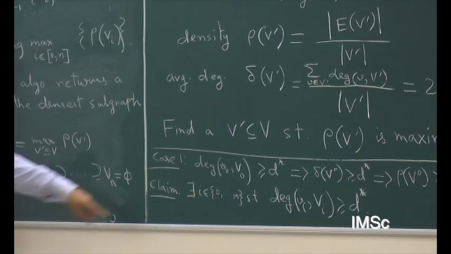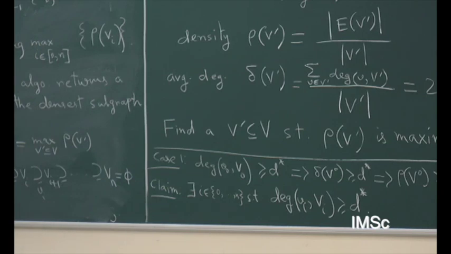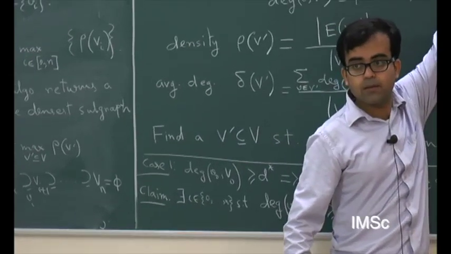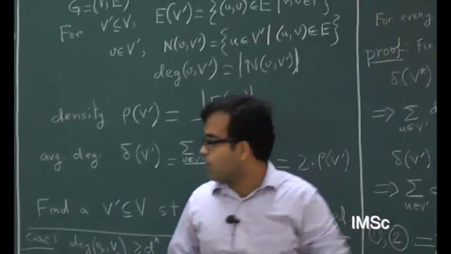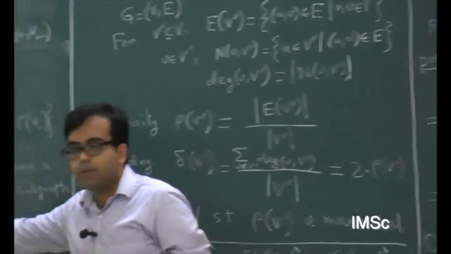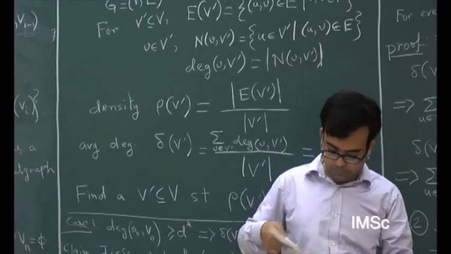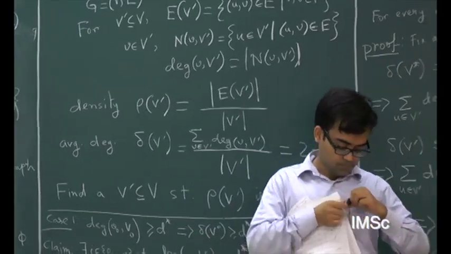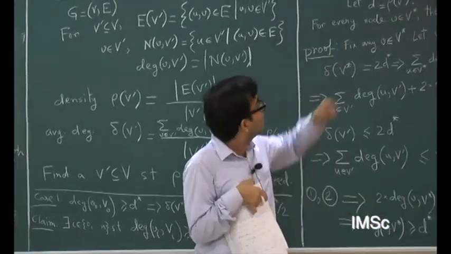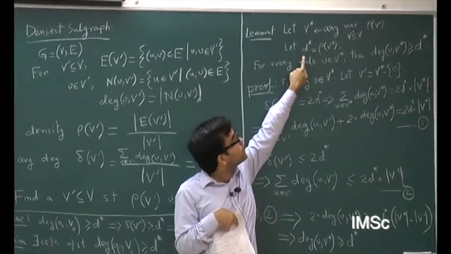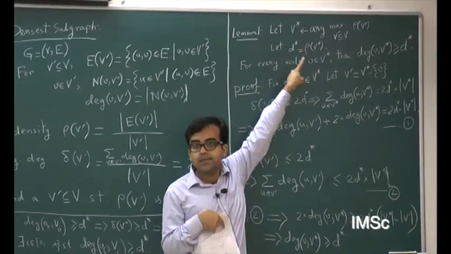How can you prove that? It follows from this lemma 1, because D star is the optimum density. Let V star be the densest subgraph. So every node in that densest subgraph has degree at least D star.